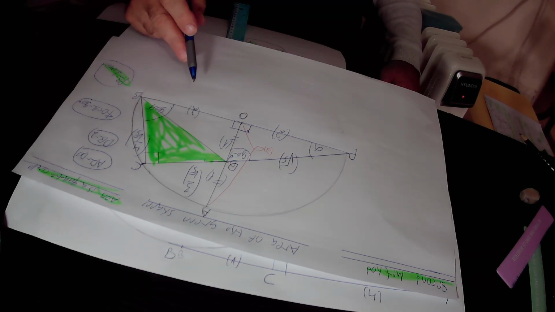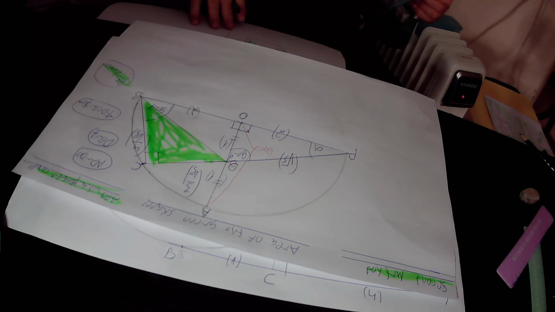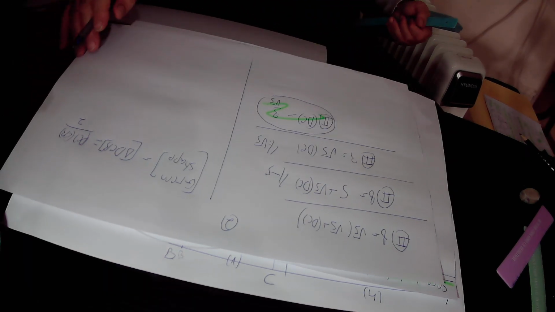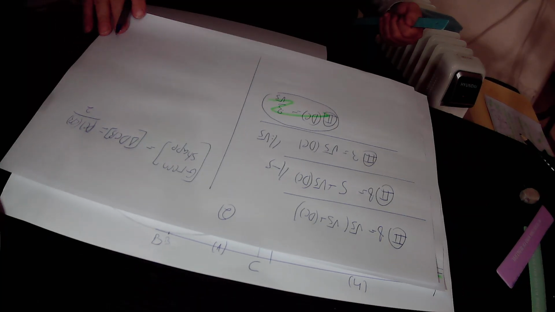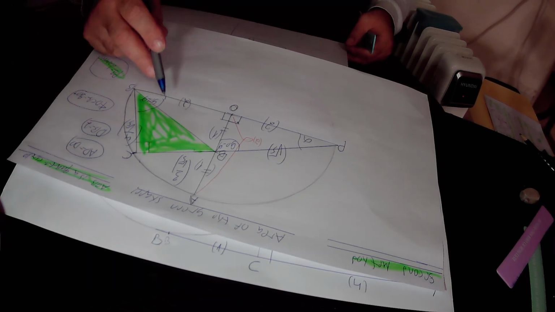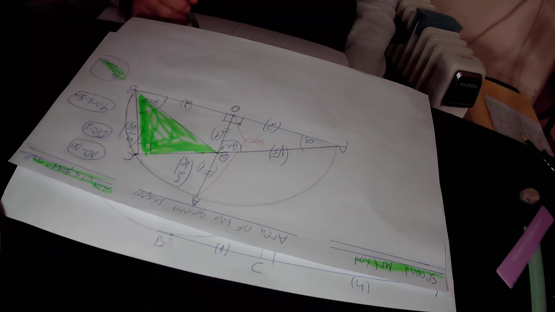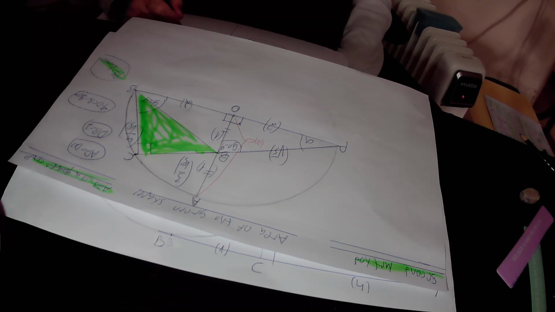And the area of this green triangle DCB equals the base DC times the height CB over 2. DC equals 3 over the square root of 5, times CB. CB equals 4 over the square root of 5, divided by 2.